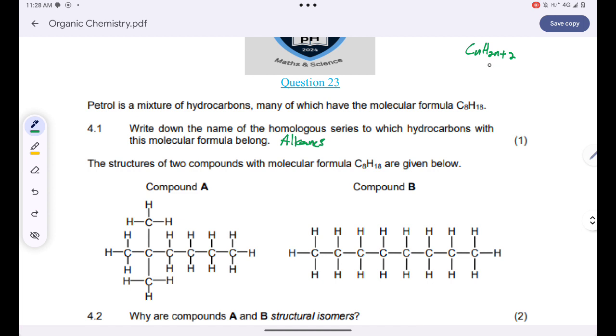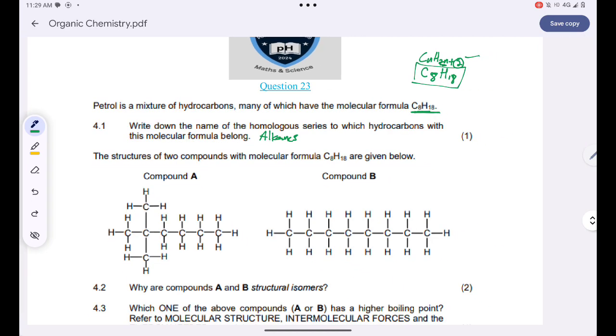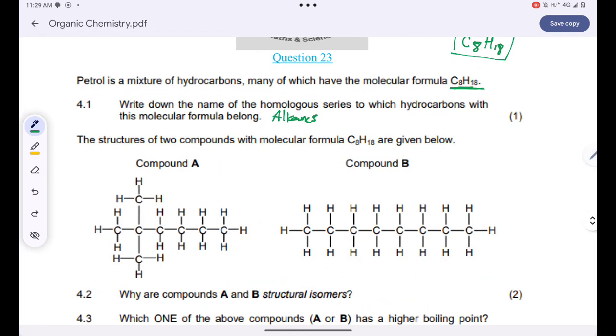So if the value of n is 8, I have C8, and H is 2 multiplied by 8, which is 16, plus 2, giving 18. So the general formula for alkanes is this one, and hence compounds with this molecular formula belong to alkanes.